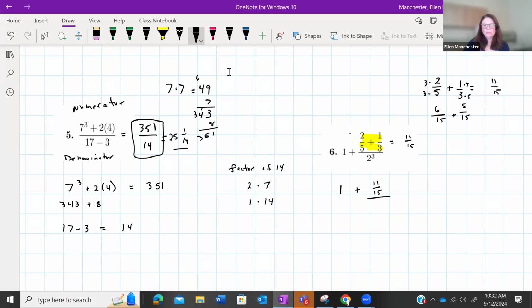And then what's 2 cubed? So 8, okay, 8, good. Okay, so this one, how did we combine it?